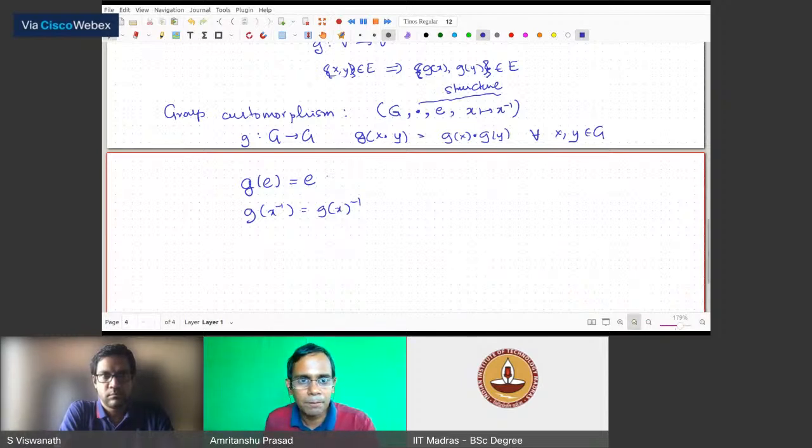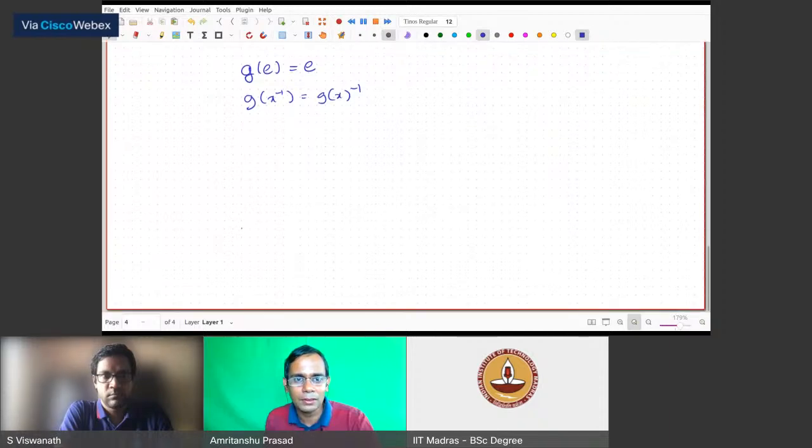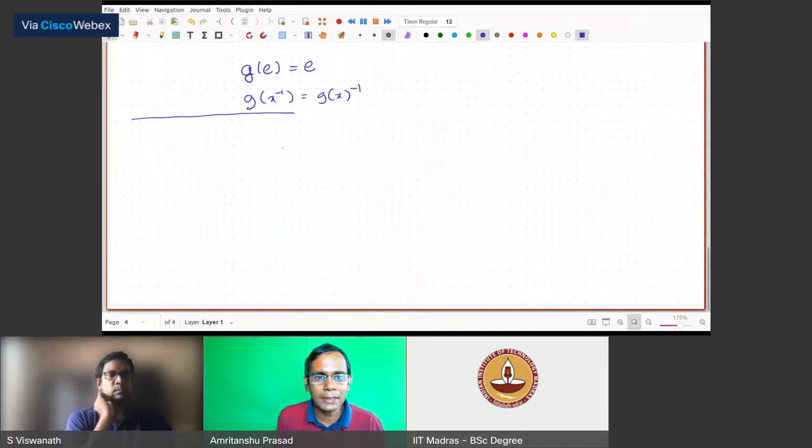Interesting. Let me just do an example of a way to compute the automorphisms of a slightly more complicated graph. So let's look at the following graph.